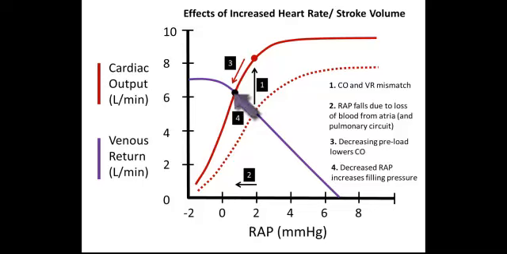Over the course of a few beats, where cardiac output steadily drops and venous return steadily increases, we will once again approach a new steady state condition where the rate at which blood is returning to the heart, the venous return, matches the rate at which the blood is leaving the heart, which is the cardiac output. And this new equilibrium point, based on the increase in contractility or heart rate, occurs at a lower right atrial pressure than our initial steady state condition.